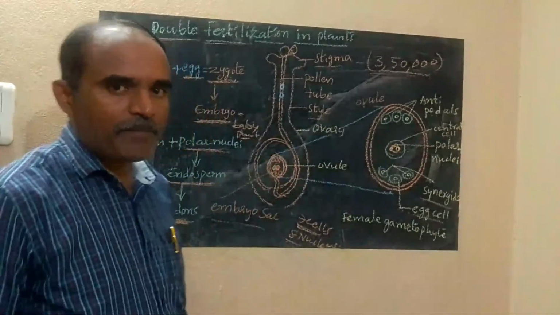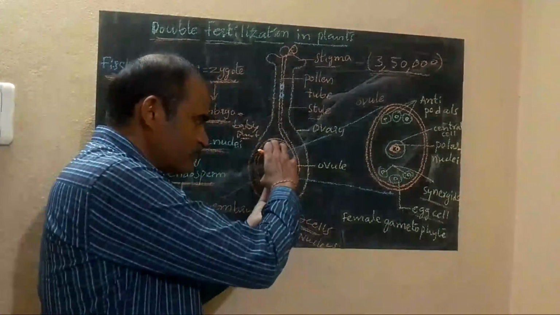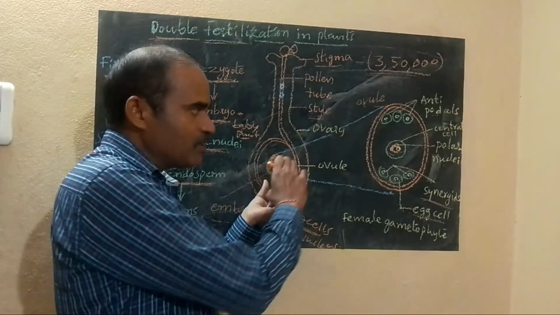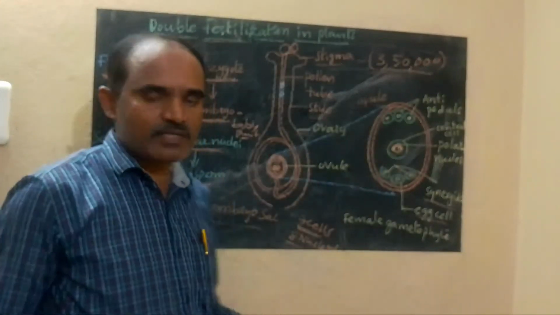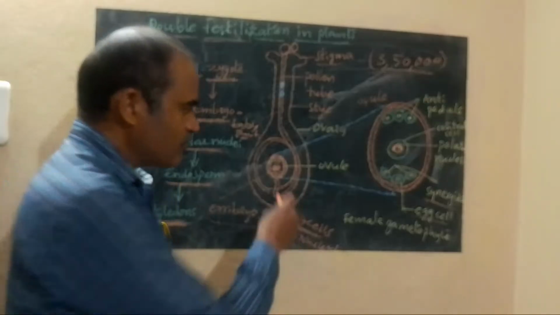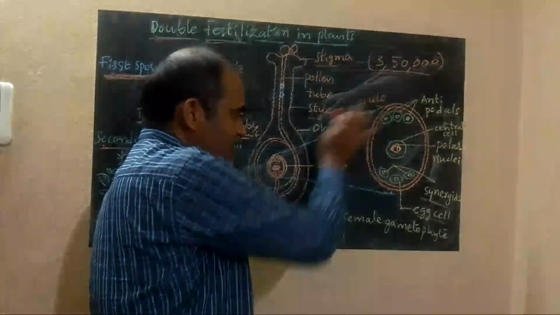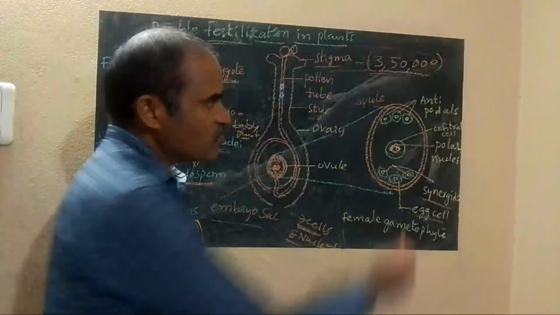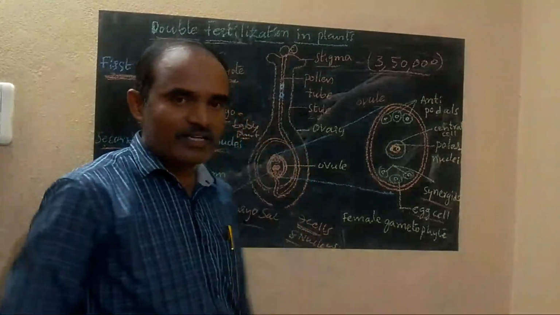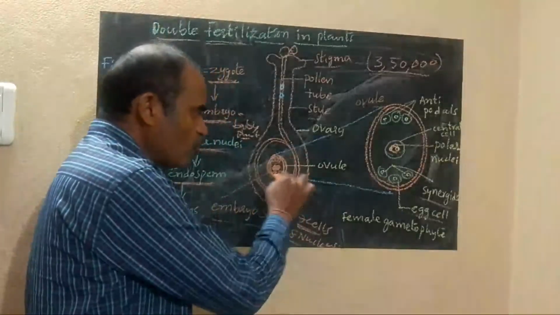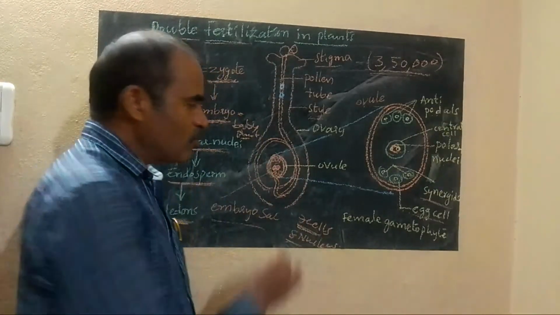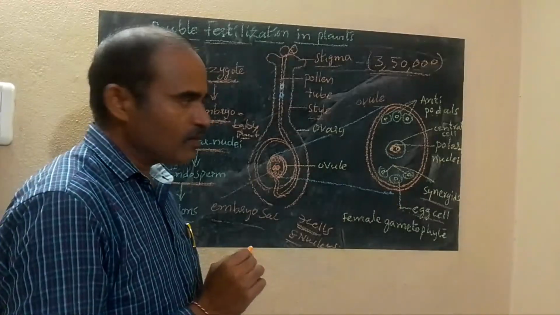If you magnify this part with a magnifying lens or microscope, it appears like this. This egg-shaped structure is called the ovule.